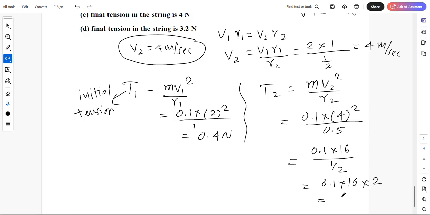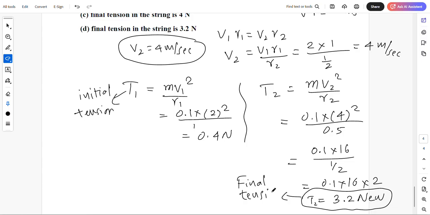That is equal to 3.2 newtons. 3.2 newtons is the right answer. This is the final tension. Hope you understood. Final tension is 3.2 newtons.